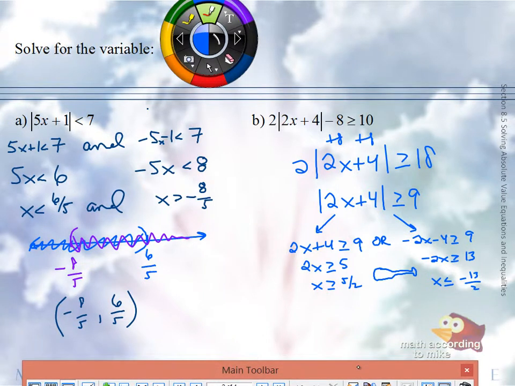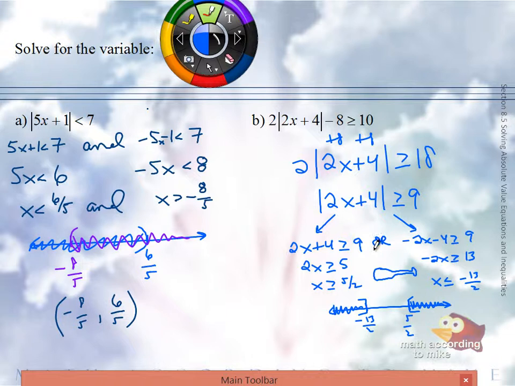Questions on solving individual inequalities. All right, 5 halves, left or right? Right? Bracket or parenthesis? Negative 13 halves, left or right? Bracket or parenthesis?